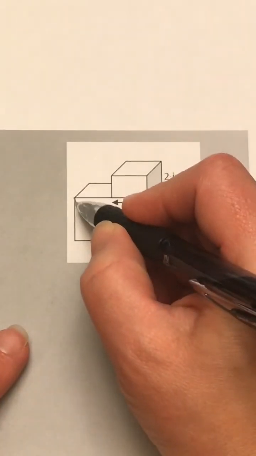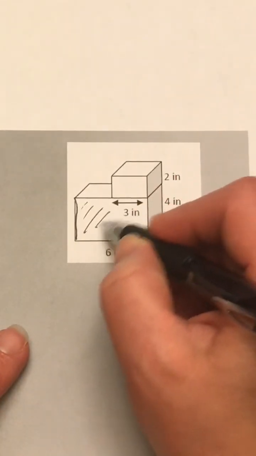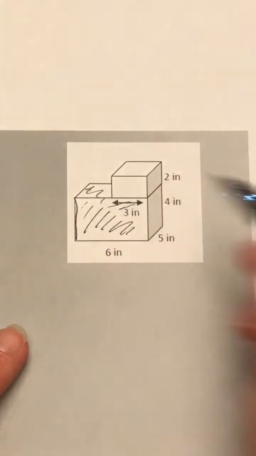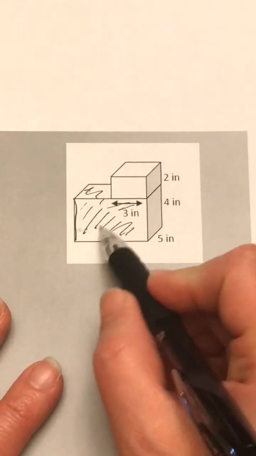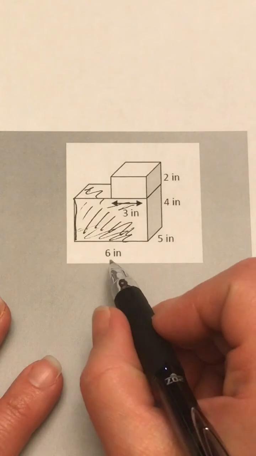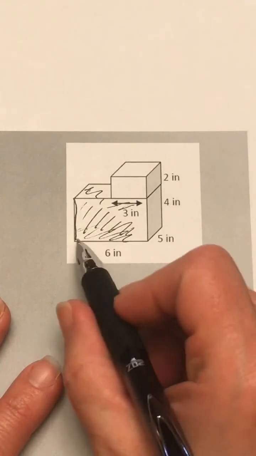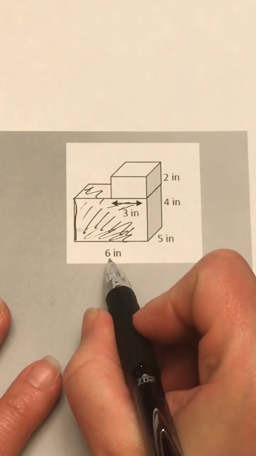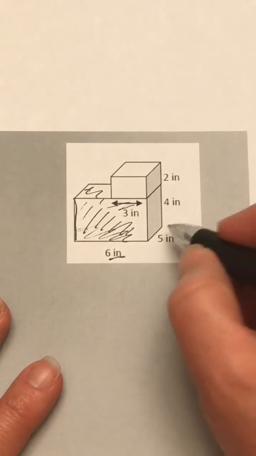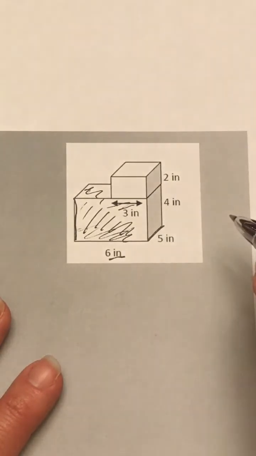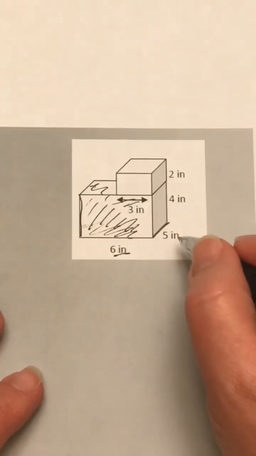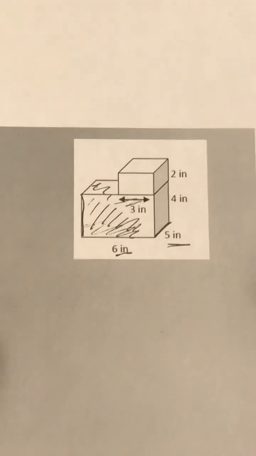Okay, so the first thing I'm going to do is look at this box down here. I'm looking for the measurement. So I see right away that my measurement across the front is 6 inches. I see right here that my length of this structure is 5 inches.